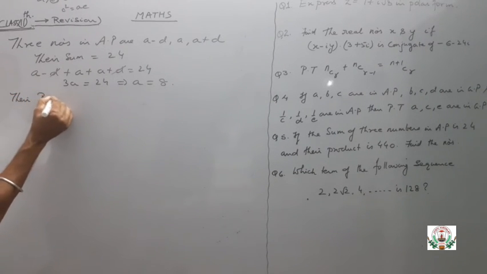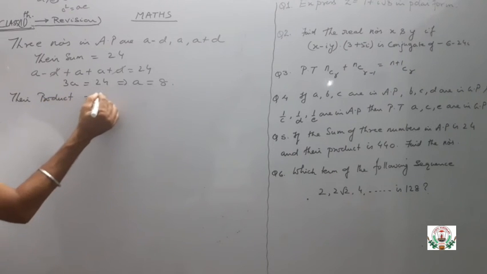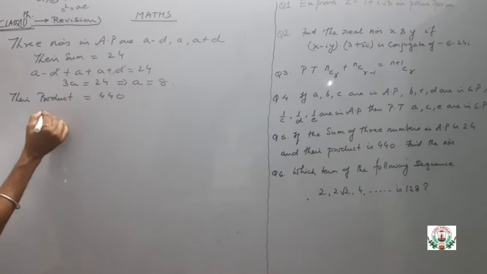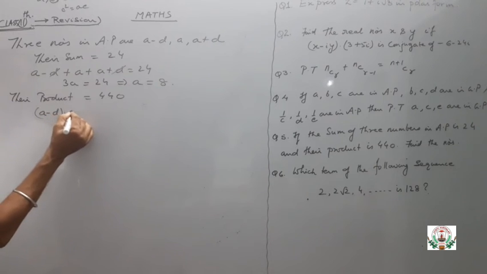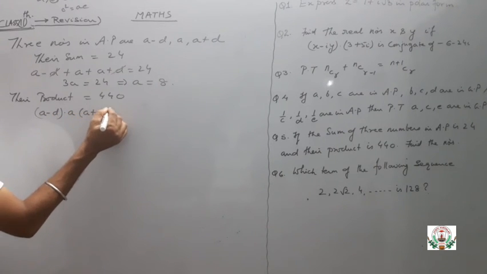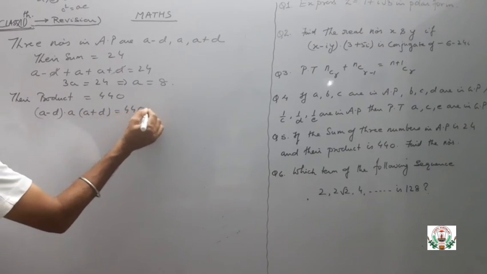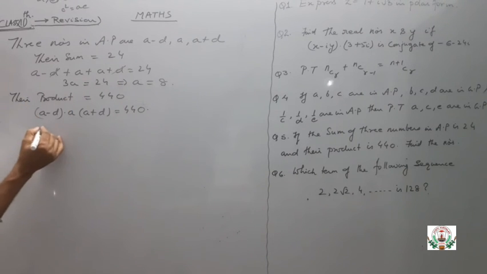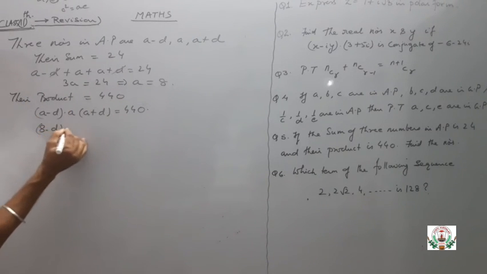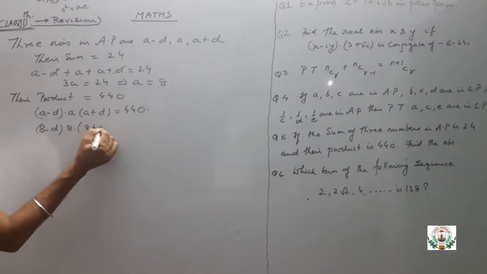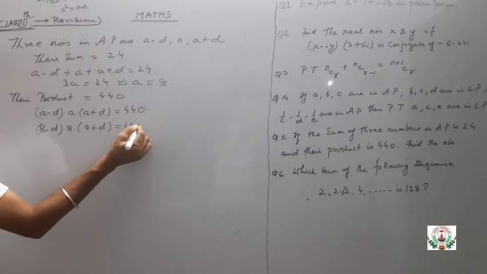Let us see their product. a minus d, a, a plus d is equal to 440. Substitute the value of a: 8 minus d, 8, 8 plus d is equal to 440.